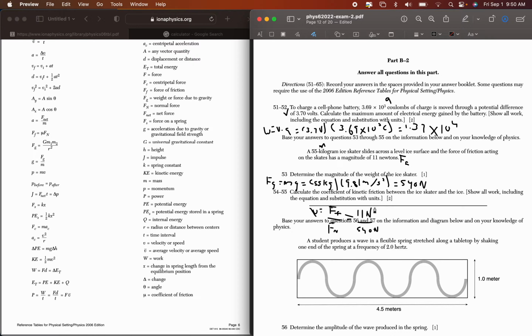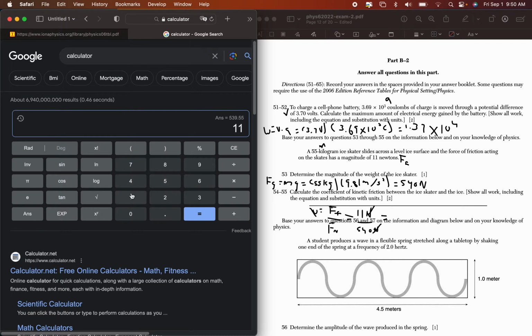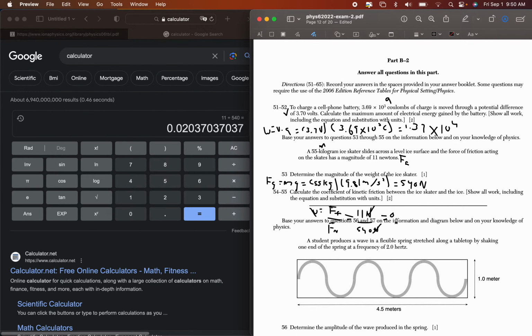And it has no units because it's a ratio of two of the same units. So 11 divided by 540. And usually you want to see an answer in the zeros. So we can say 0.02.